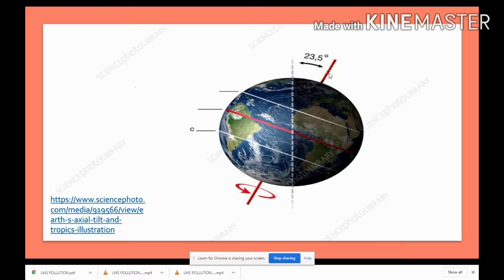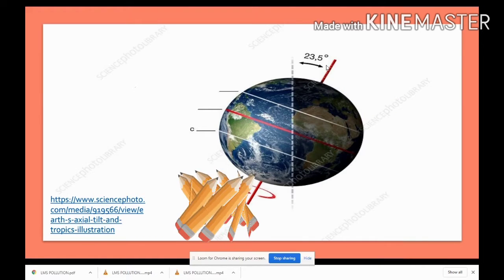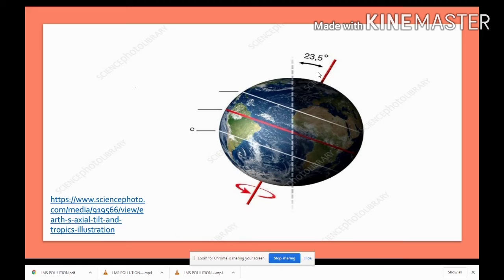And here you can see this is called the axis. On this axis, the earth is rotating. And the amazing fact is this tilt is changing from time to time.